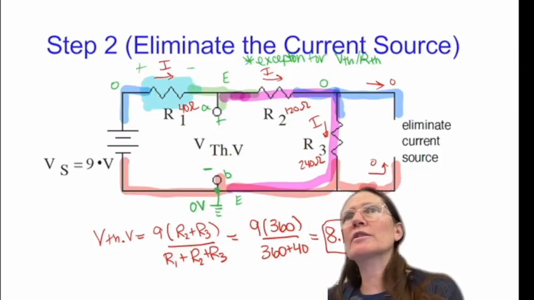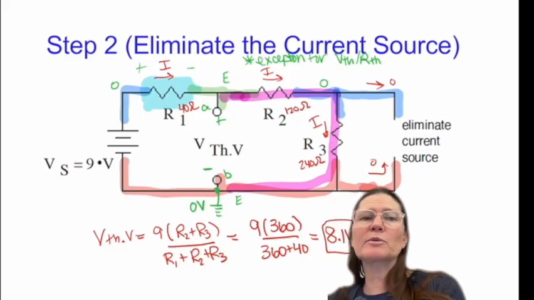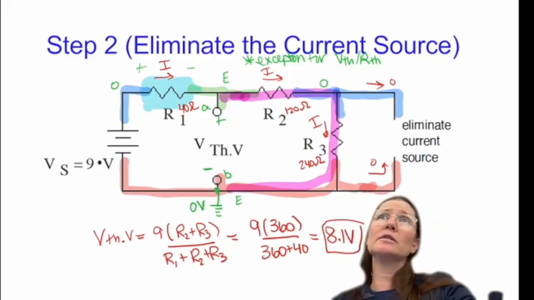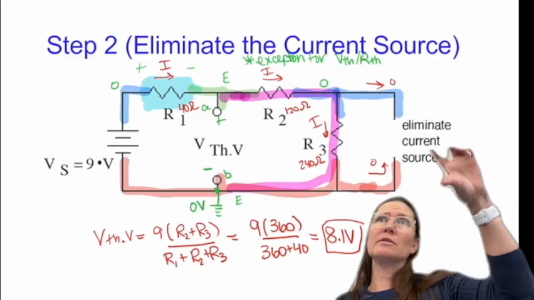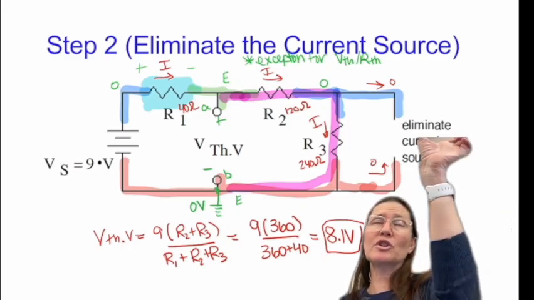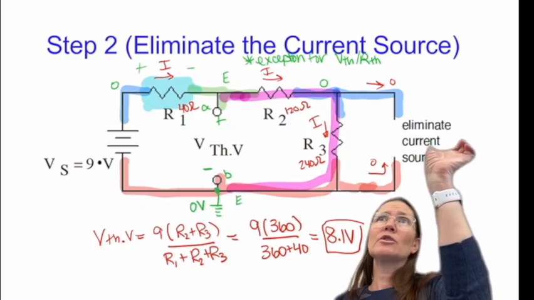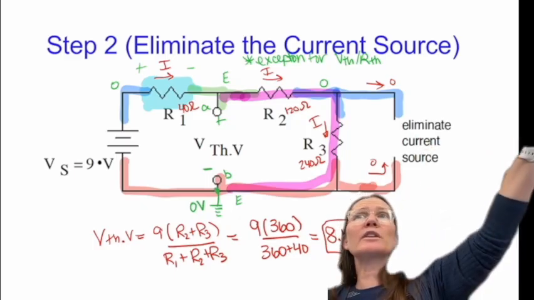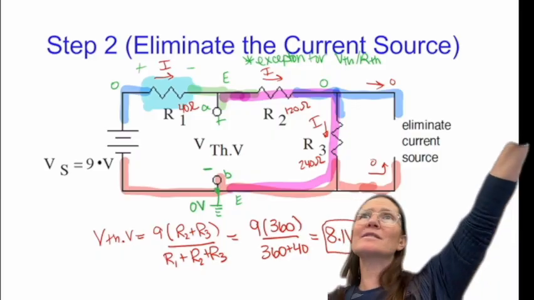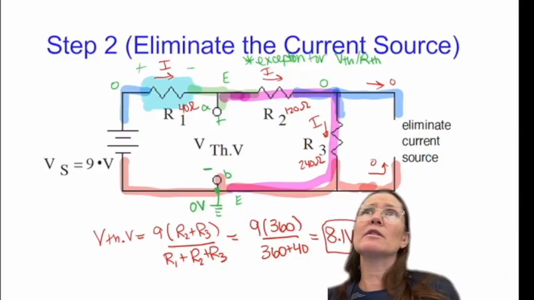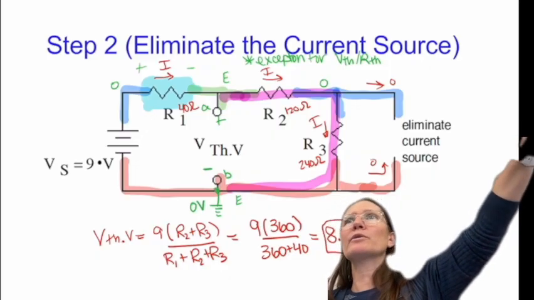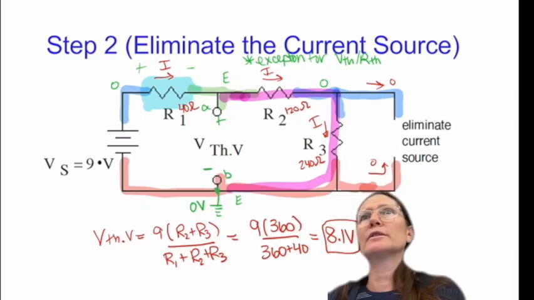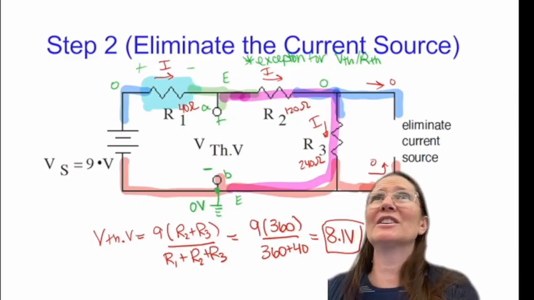If I did a divider there, it would only give me the voltage across R1, which doesn't give me the value of VTH. I could find it there, but then I would have to take 9 minus that to get to VTH. Does that make sense? So that's why I instead combined R2 and R3 together and found the voltage across them together. I felt that was going to be easier.